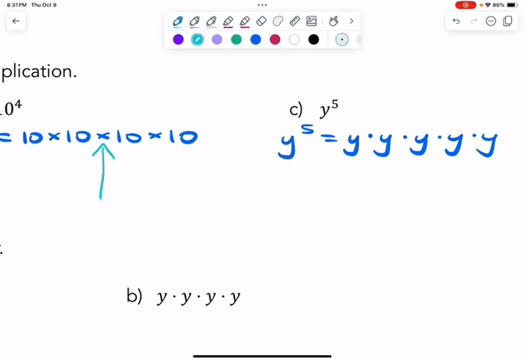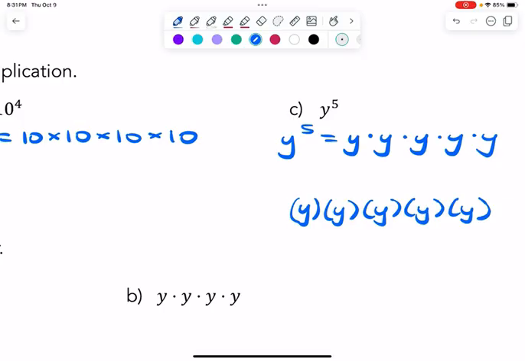There's the cross product looking one, but also the dot. If you want, you can also represent this as, in brackets, a y times a y times a y times a y times a y. Because if there's no operation put in between a couple sets of brackets, the implicit operation is multiplication.